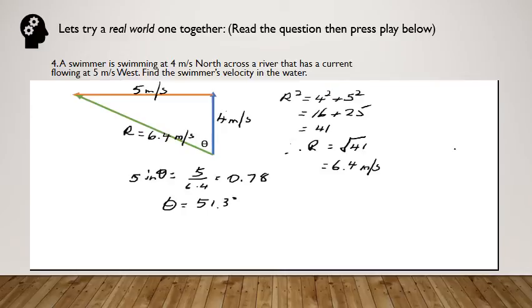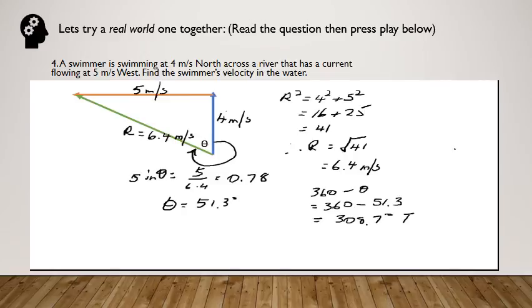If you look at the previous examples, we need to imagine that there's a compass here, and we need to measure the angle that goes all the way around if we're going clockwise around the compass. So that's effectively 360 degrees minus theta. So the true bearing is 360 minus 51.3, and that gives us a value of 308.7 degrees true.